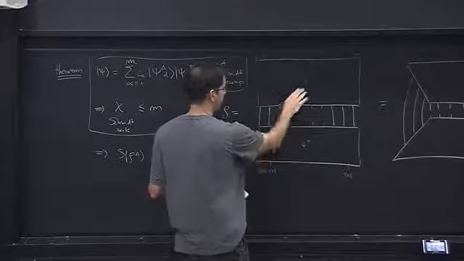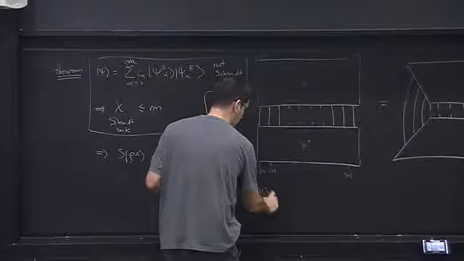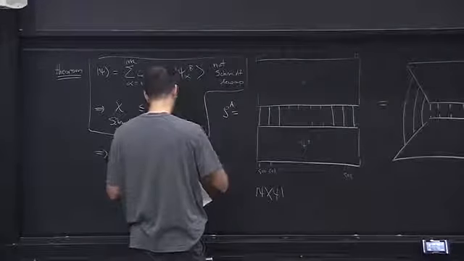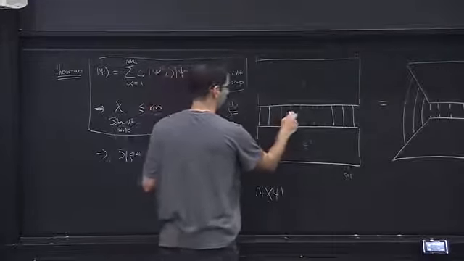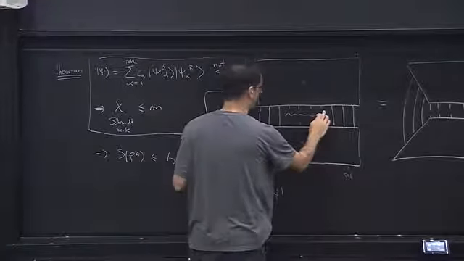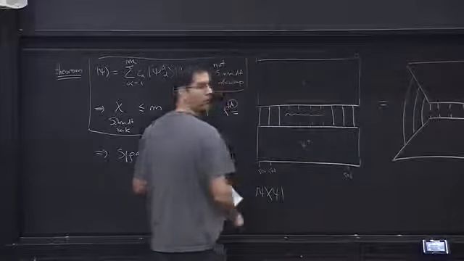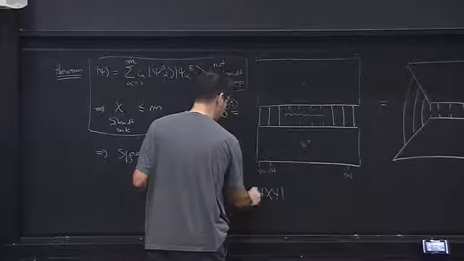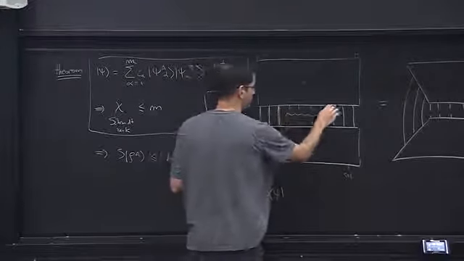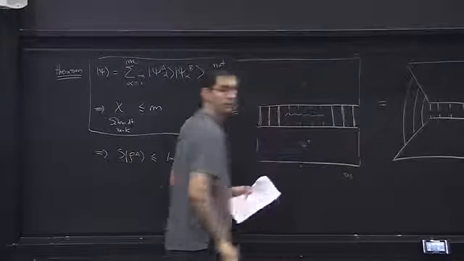How do we define rho for some region A? Let me say A is the region here. I left those indices uncontracted, and I've taken the trace over the complement of A, which means I've joined these indices. Okay? Is that clear?